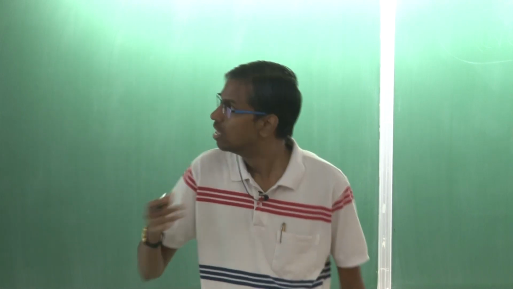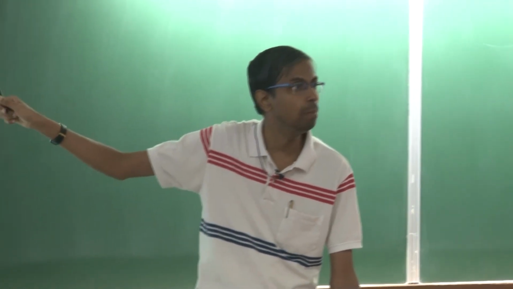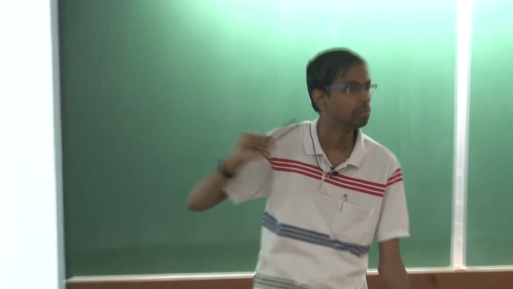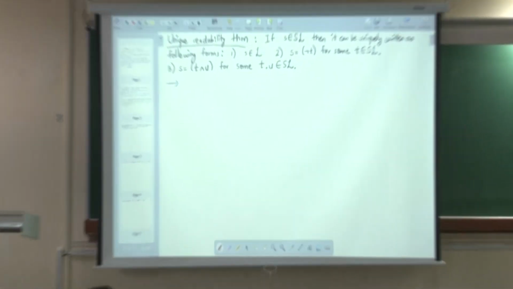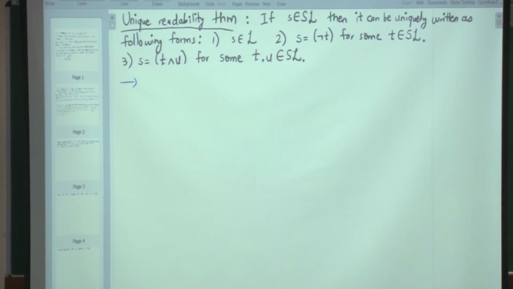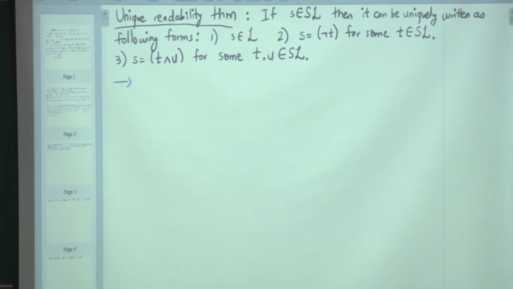Okay. So what can T be in formula 3? T can either be a propositional variable or a formula which is not a variable.